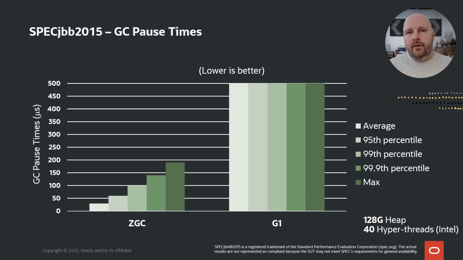So well below the 1 millisecond target. And I hope you can see what this could mean for your application. If you today have an application that struggles to meet response time requirements, then switching to ZGC might be the thing you want to do.